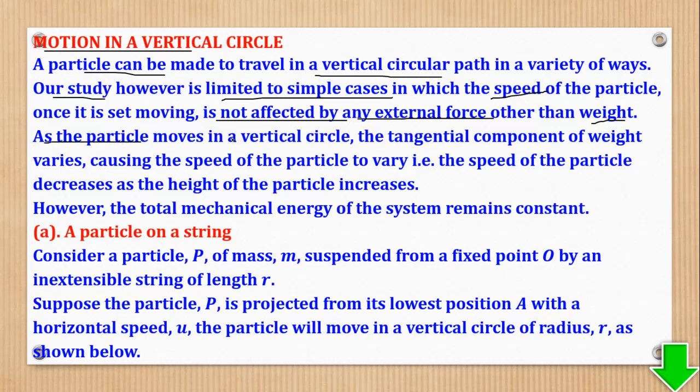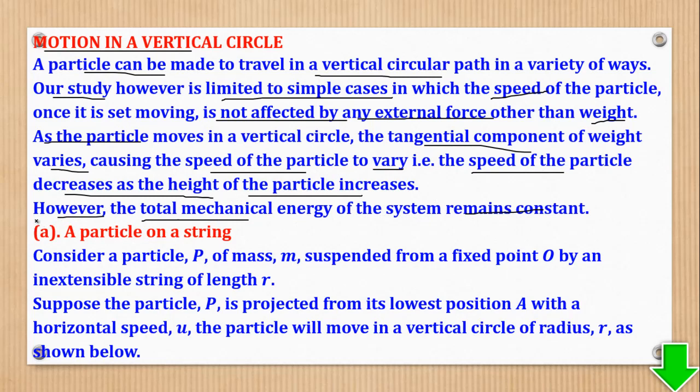As the particle moves in a vertical circle, the tangential component of weight varies, causing the speed of the particle to vary. That is, the speed of the particle decreases as the height of the particle increases. However, the total mechanical energy of the system remains constant.